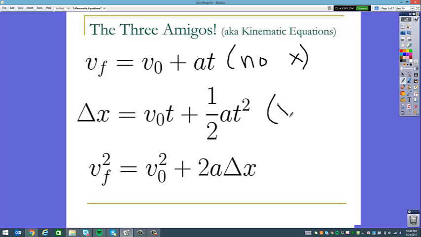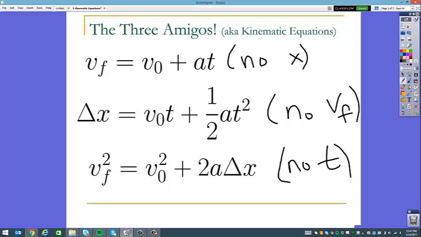This second amigo is for if you don't have a final velocity. So if you're looking at something and it never asks for how fast you're going at the end of it, use the second amigo. And then the third amigo has nothing to do with time.